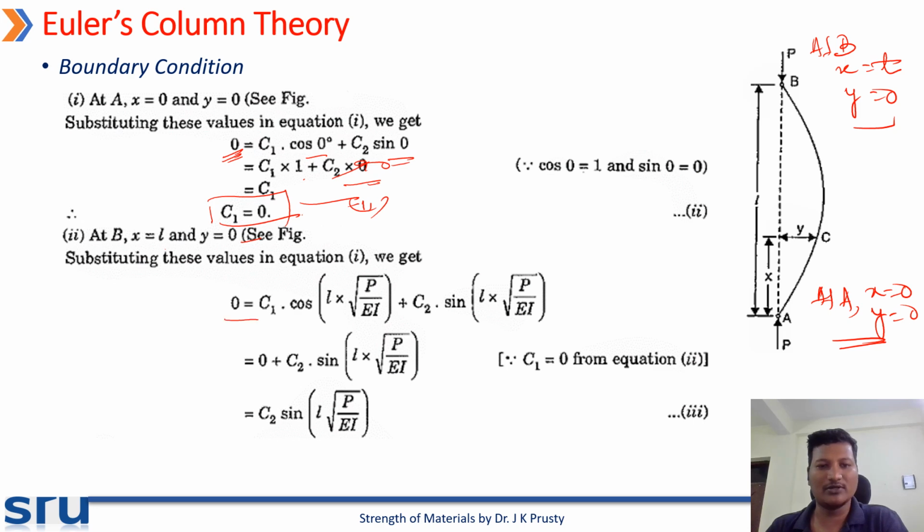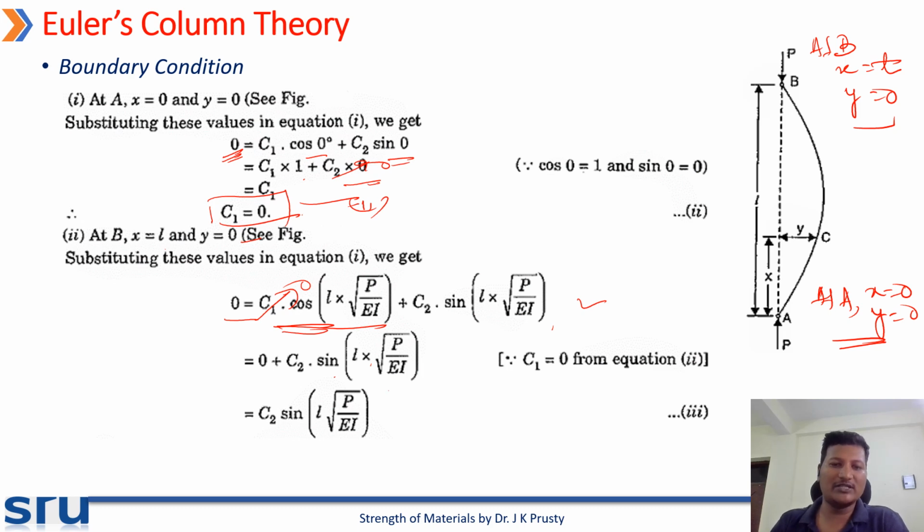So 0 is equal to C1 cos L into root over P by EI plus C2 sin L into root over P by EI. This becomes 0 since C1 is 0, plus C2 sin L into root over P by EI.